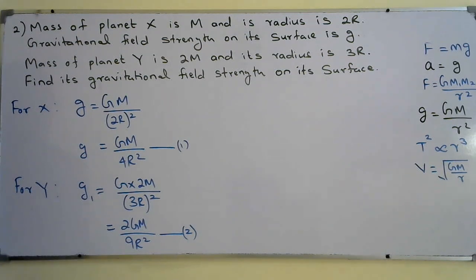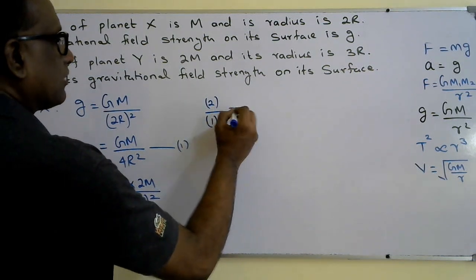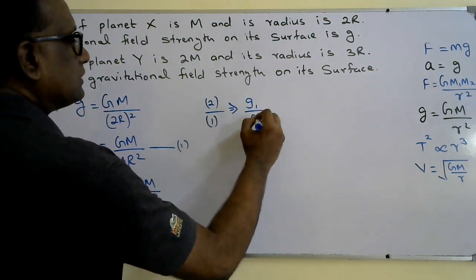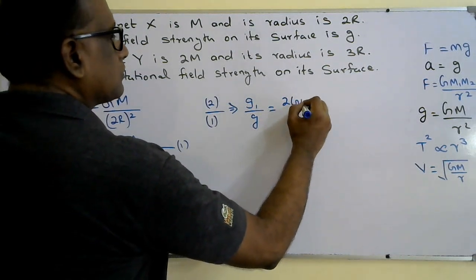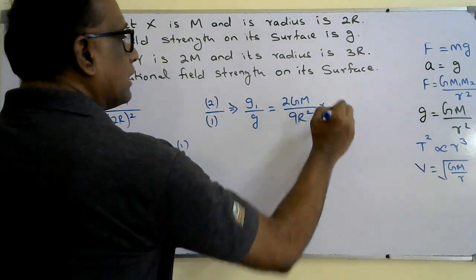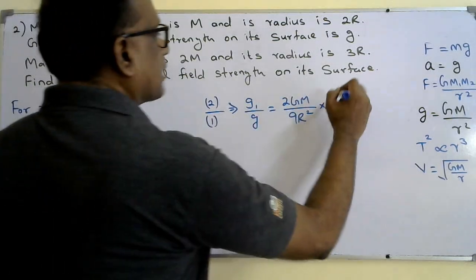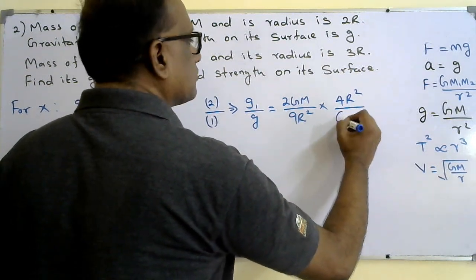Second equation. Now divide the second equation by the first equation. You will get g1 in terms of g. So second equation divided by first equation: g1 over g equals 2GM over 9r squared, into, this will go up, 4r squared over GM.